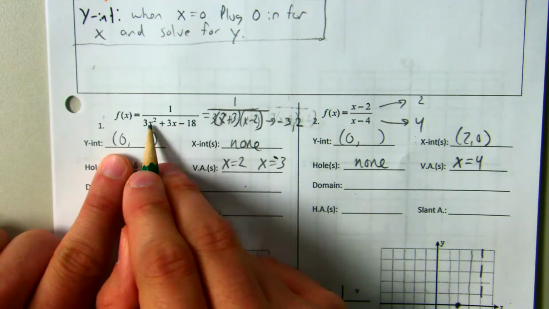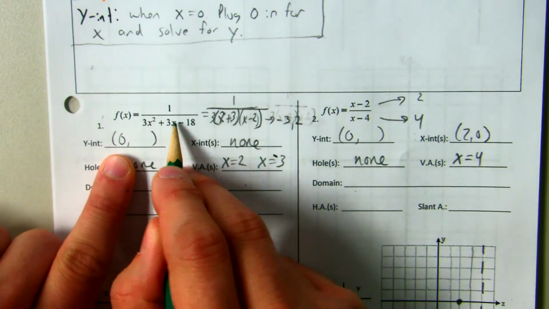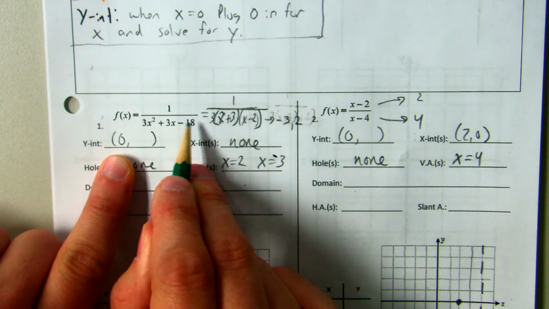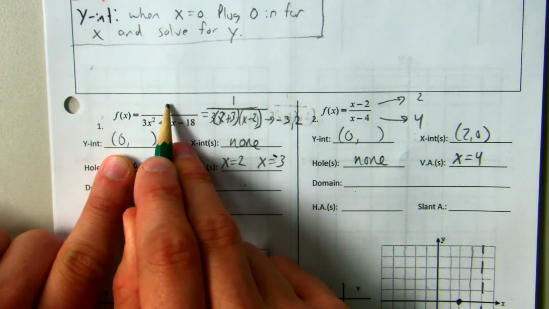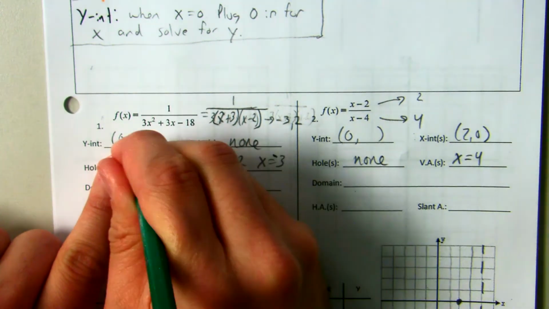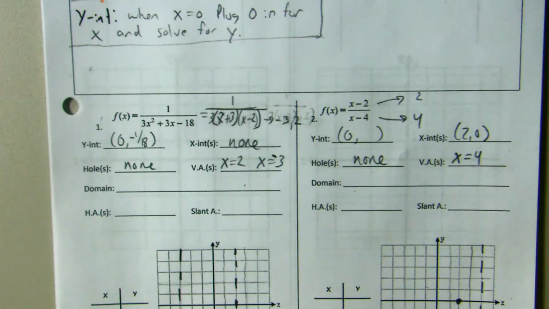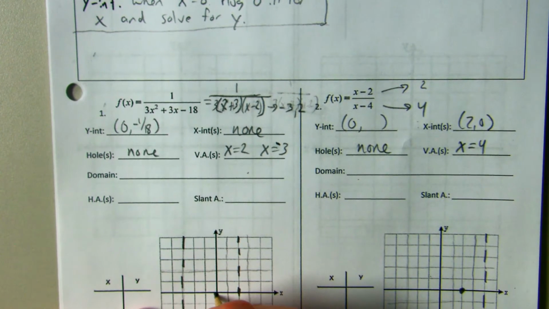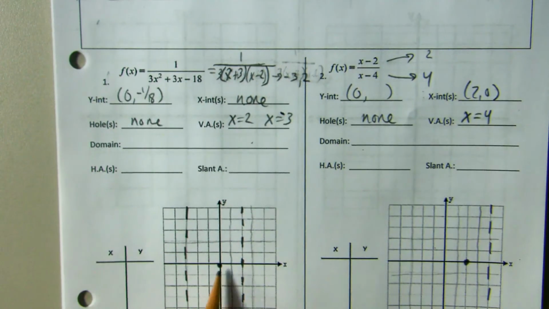you just go and you plug in 0 for x everywhere that you can, and this one you get 1 divided by 0 plus 0 minus 18. So 1 over negative 18. Very, very close to 0 on the negative side.